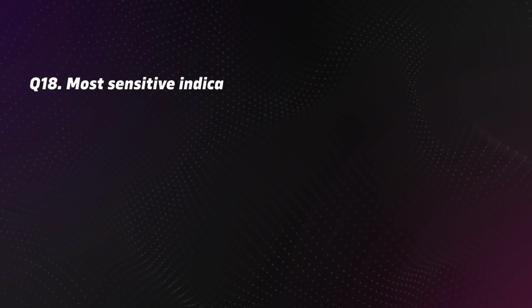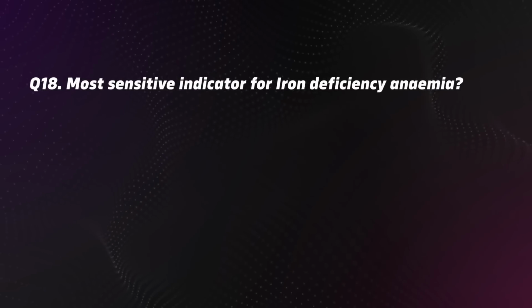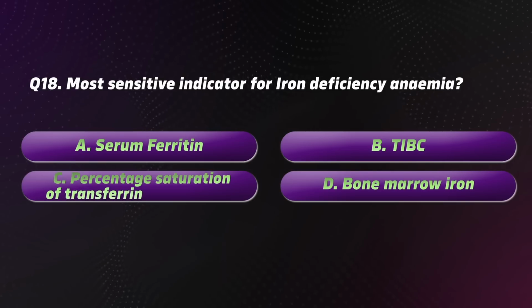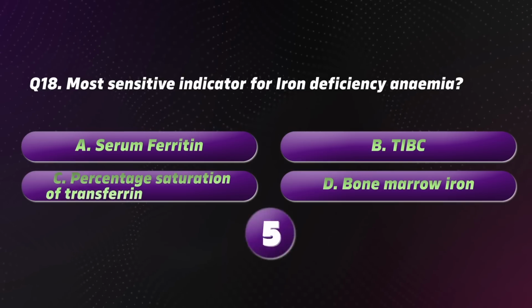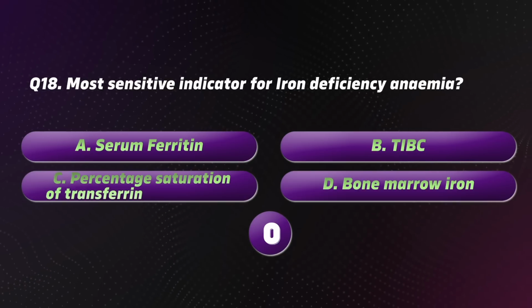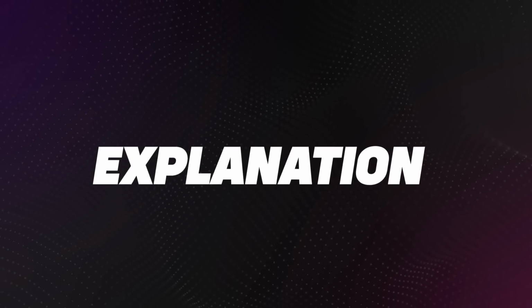Question 18. Most sensitive indicator for iron deficiency anemia? Here are the options. A. Serum ferritin. B. TIBC. C. Percentage saturation of transferrin. D. Bone marrow iron. And the correct answer is option A. Serum ferritin. Here's the explanation.